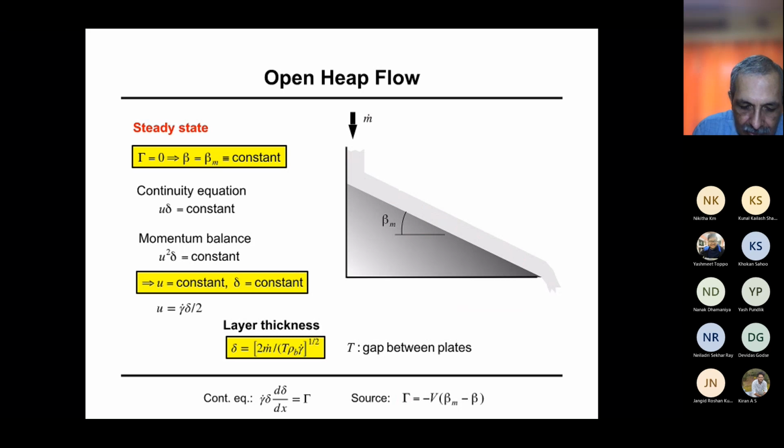And then also you'll have u times delta is a constant and u squared delta is also constant, both from the mass continuity equation and the momentum balance equation. So this gives us that u is constant and delta is constant. So you get u is just gamma dot times delta by 2. So this gives us the layer thickness.